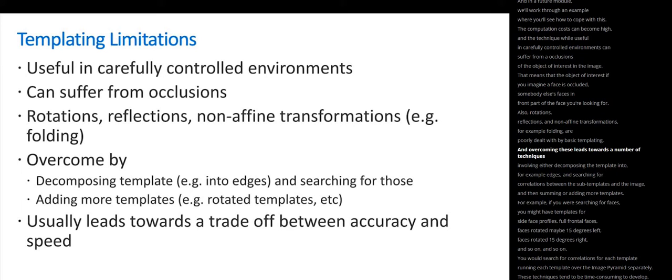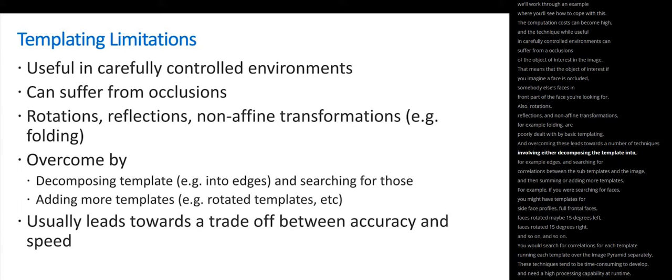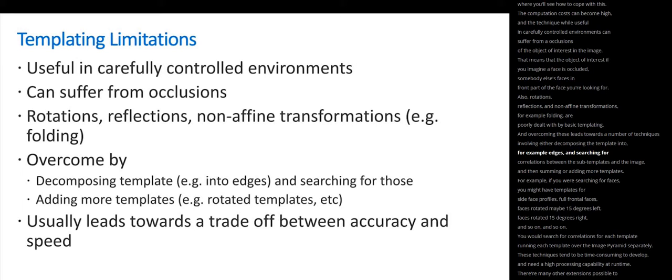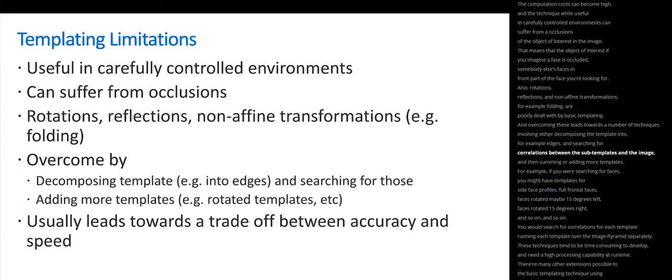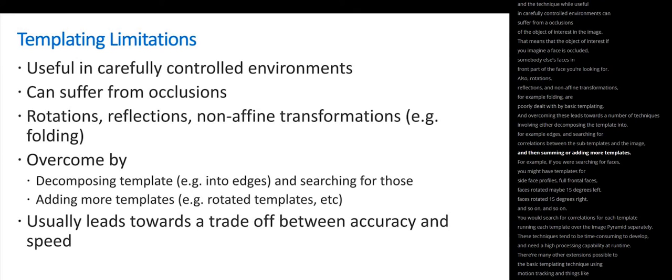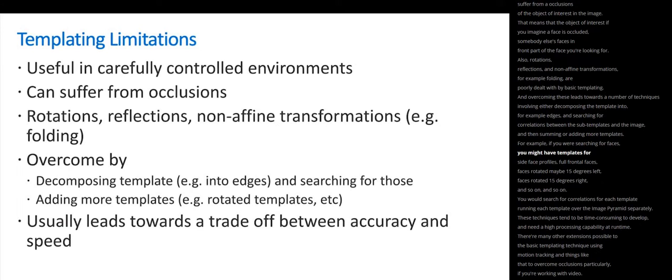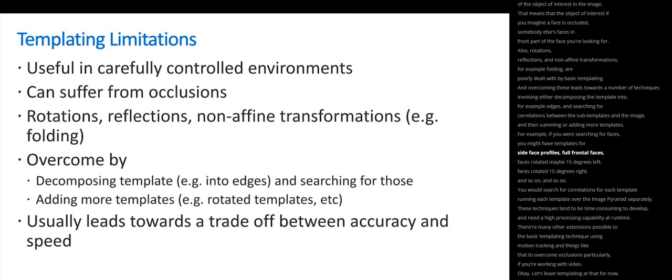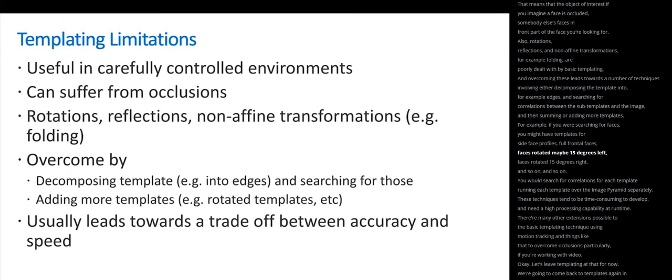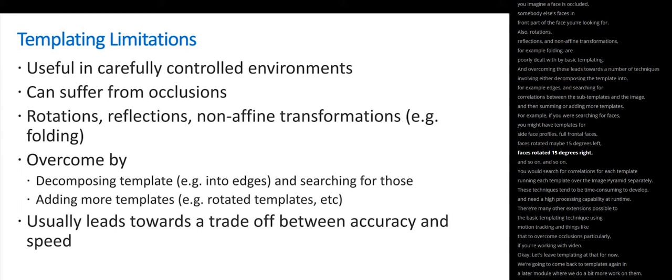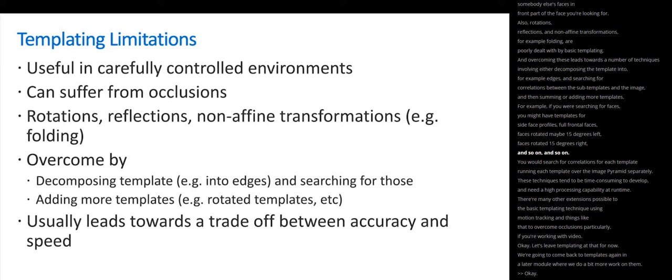And overcoming these leads towards a number of techniques involving either decomposing the template into, for example, edges, and searching for correlations between these sub-templates and the image and then summing, or adding more templates. For example, if you were searching for faces, you might have templates for side face profiles, full frontal faces, faces rotated maybe 15 degrees left, faces rotated 15 degrees right, and so on and so on.